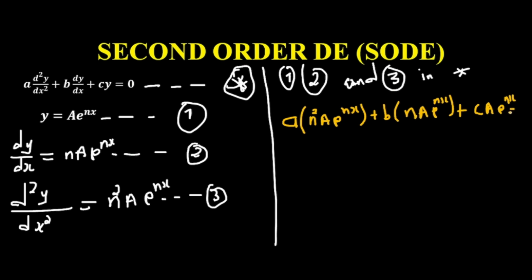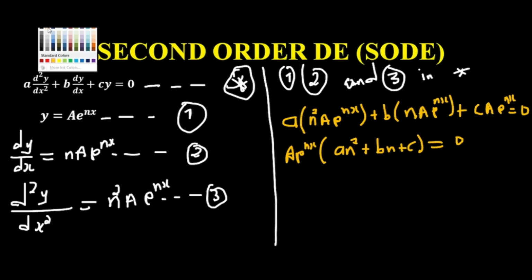So this is equal to 0. So we see here that a is common and e to the power nx is common. So if we factor that out, a e to the power nx, then we're going to have a n squared plus b n plus c. Now this should be equal to 0.